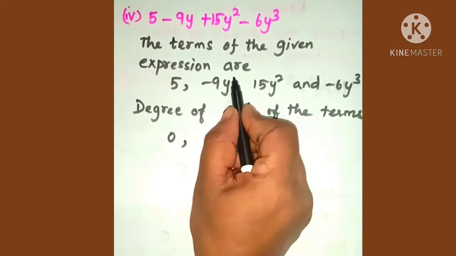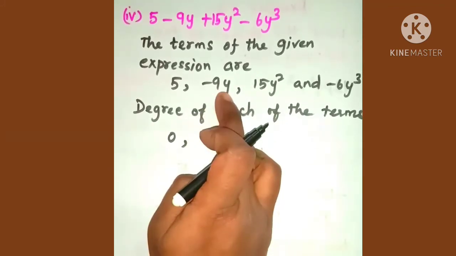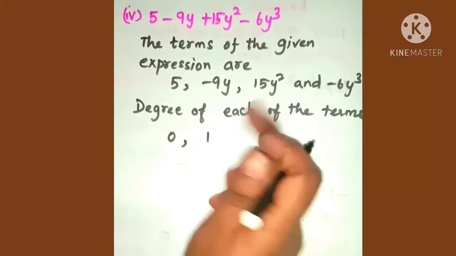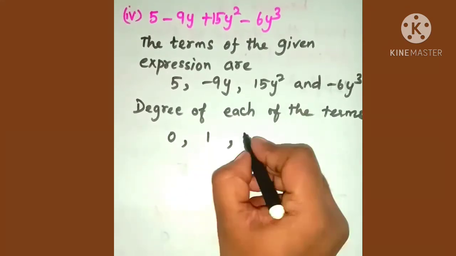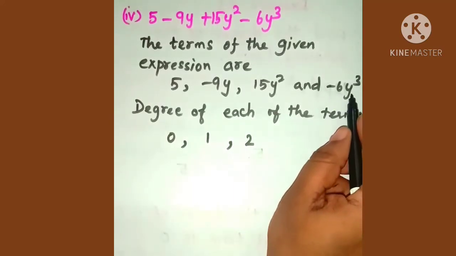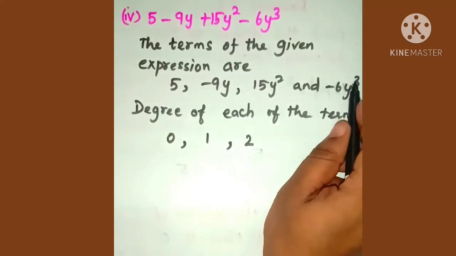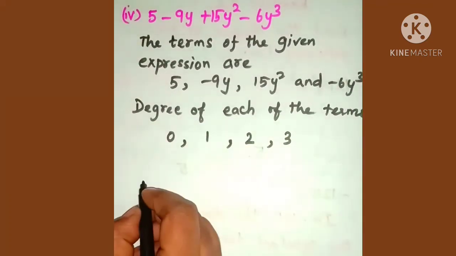It is considered as 1. So 1 is the degree of y. And here, what is the degree of y square? That is 2. And here, what is the degree of minus 6y cube, y cube? It is 3.